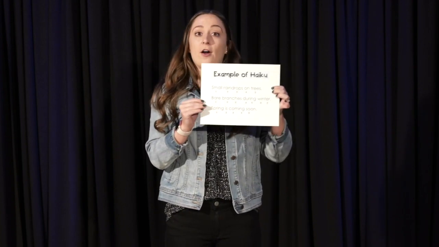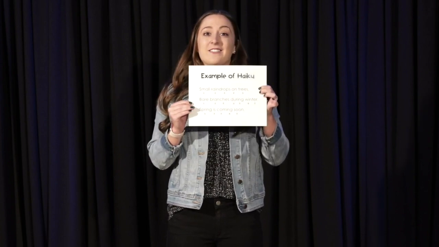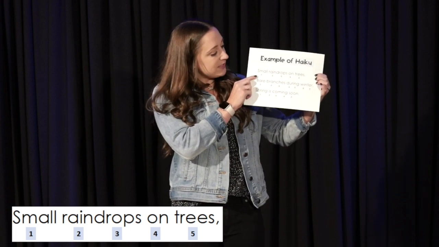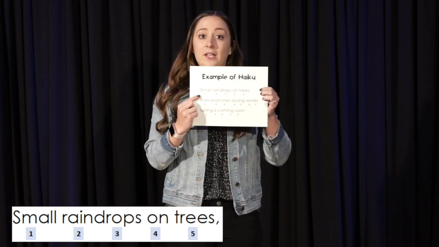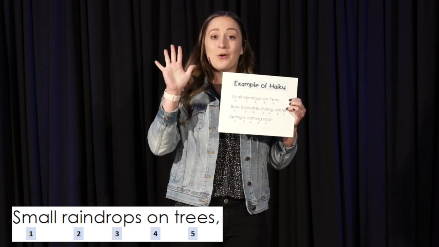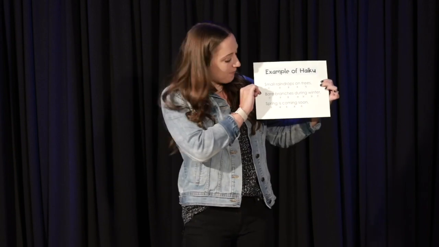You can see that there are exactly 3 lines in our haiku poem, which is exactly what we want. The first line has 5 syllables. Small raindrops on trees. So you can see I numbered the syllables for you here, but you can count them. Small raindrops on trees. So we have exactly 5 syllables for our first line, which is exactly what we want.